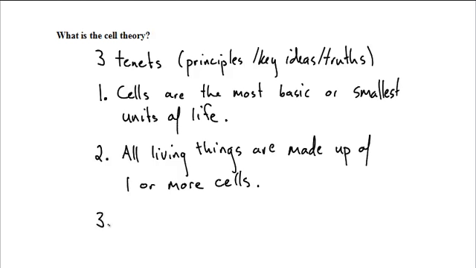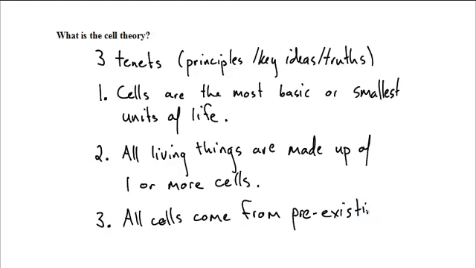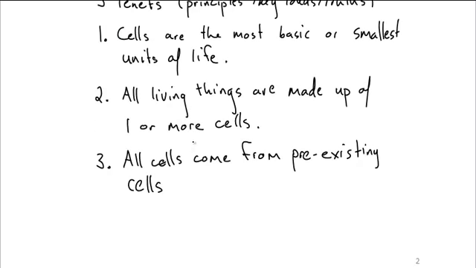And 3, the real tricky one, all cells come from pre-existing cells. And we know these things to be true by observing life around us. The only problem with number 3 is, where did the first cell come from? And we're not really sure of that answer, but we know nowadays all cells come from pre-existing cells.